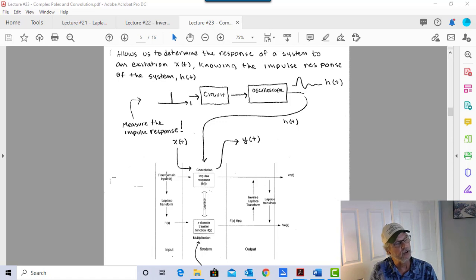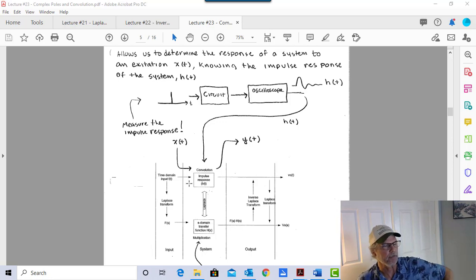All I have to do is take my impulse, get the Laplace transform of it, and multiply it by the transfer function. But the Laplace transform of an impulse is just 1. So the impulse response of my circuit or my system is simply its transfer function in the frequency domain.